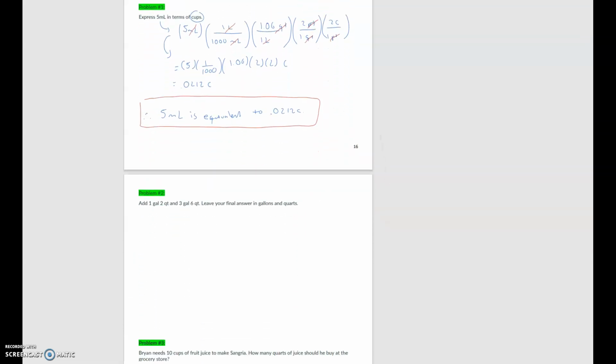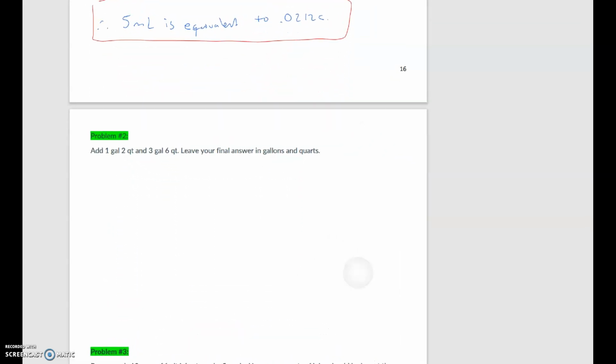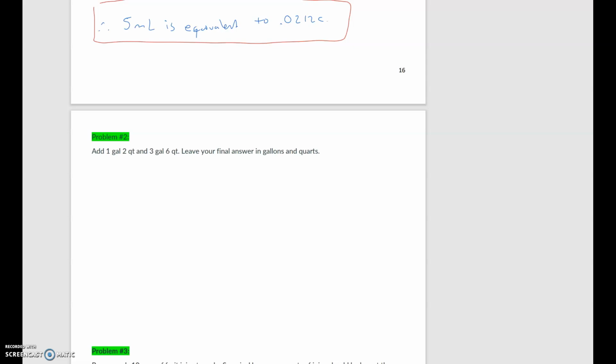Let's take a look at example 2. In example 2, they just want us to add both of these answers. So you're looking at 1 gallon and 2 quarts, 3 gallons and 6 quarts.